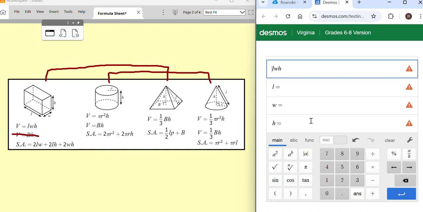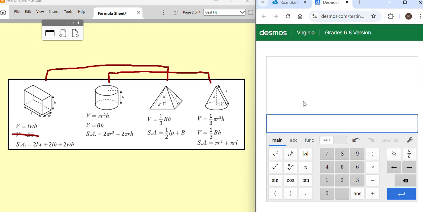Only because then people make a mistake and they try to type SA equals, and the calculator will not do that because it's 2 letters. So I would just leave that out and type 2LW plus 2LH plus 2WH, and of course, tell the calculator what those variables are. Make sure you're solving for the right thing. Okay, so double check that.